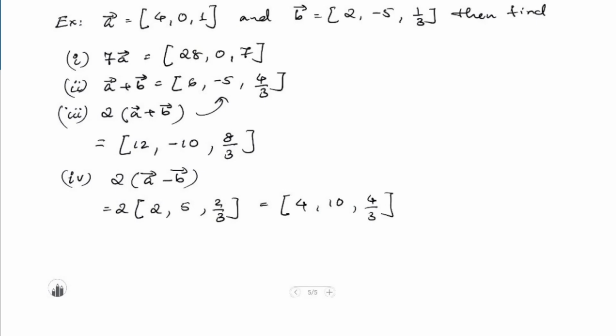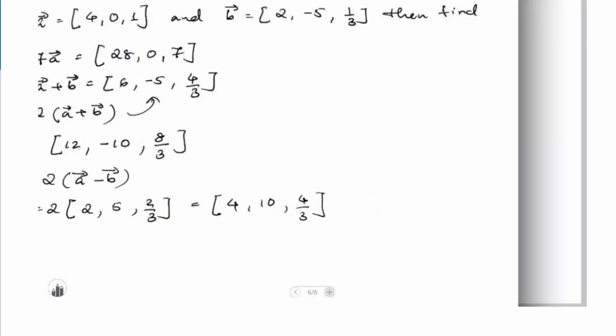So I hope that much is really clear and simple. Yet, we will do one more example to make it clearer. Here we have vector A given to us as 2, 3, 0, and vector B given to us as 4, -6, 0.